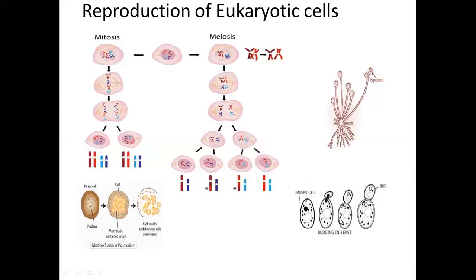And then also binary fission, which could be binary or multiple fissions, is observed in some primitive eukaryotes. Some fungi are also able to reproduce via sporulation. So these are some of the methods of asexual reproduction in eukaryotes.